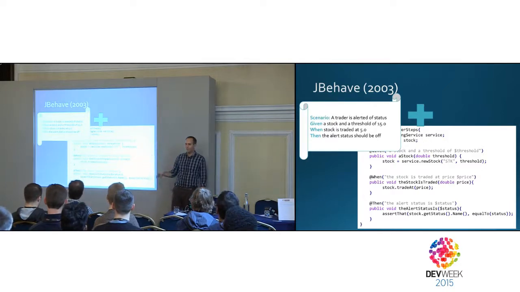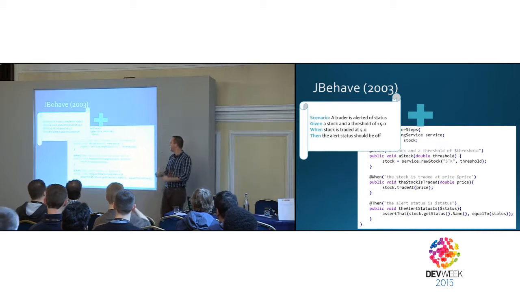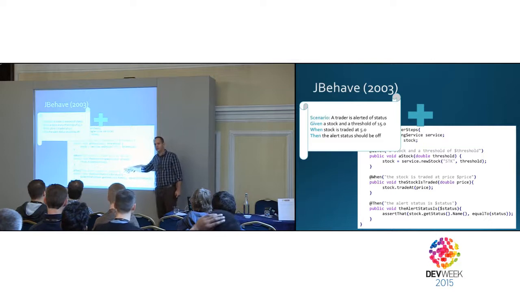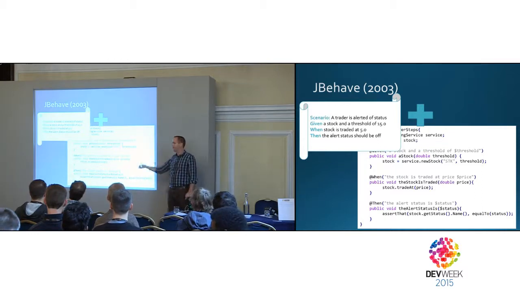Either they write it on their own or they explain it well enough for me to write it. But that's a plain text file. And then I have code and something to connect them together. Actually, every line in the given, when, then will execute a method in my code. And I can write whatever I want inside that method. And the business guys can read and write the requirement, and I can read and write the code, and see that both of them work.